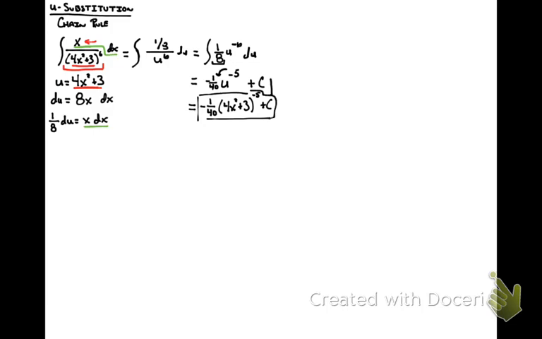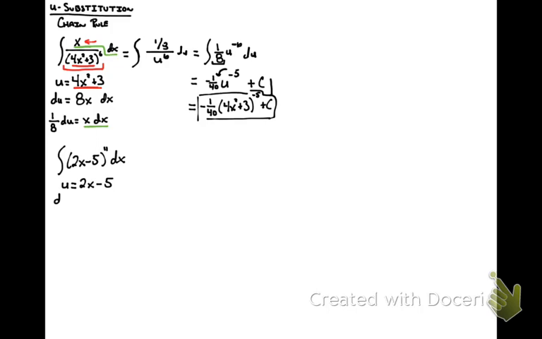Let's try one more. So let's say we'd like to find the integral of (2x minus 5) to the 11th. And we're having trouble seeing how the chain rule unpacks this, so we can use u-substitution. In this case, let's let u equal 2x minus 5.